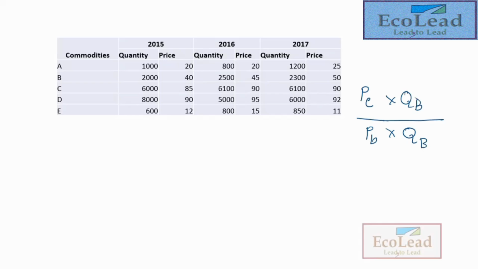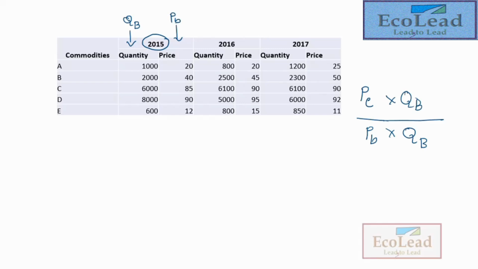Now in this sum, it is not mentioned what we should consider as the base year. Since the information is not given, we will consider 2015 as the base period. So the quantity for 2015 will be our QB, and the price of 2015 will be the PB.